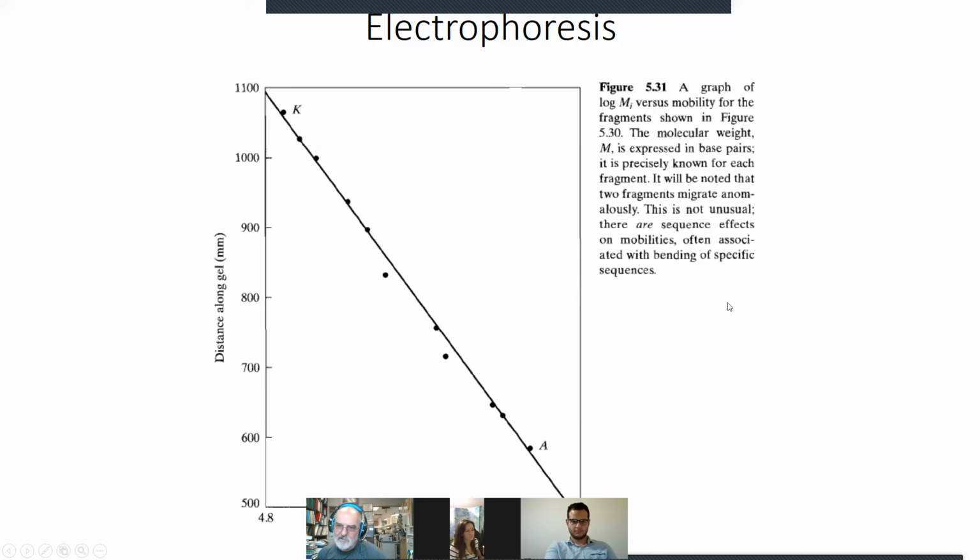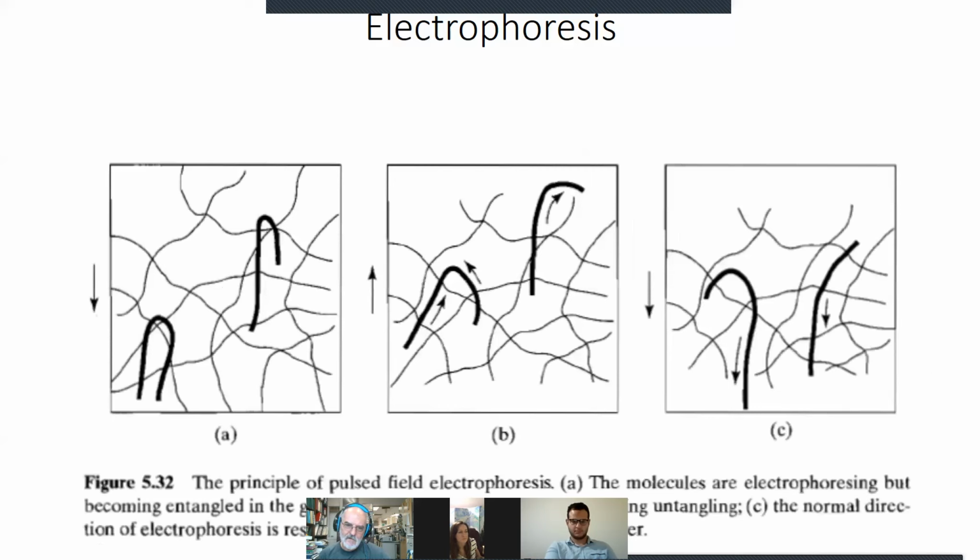Remember, mobility is velocity per unit field. And so it gives you some measure of what the net charge is on each size. And you can get this linear relationship if you plot the distance moved versus the number of base pairs, okay? So in principle, this is a calibration, and you could learn something about the size of the fragment, all right? So that's the way you should think about it.